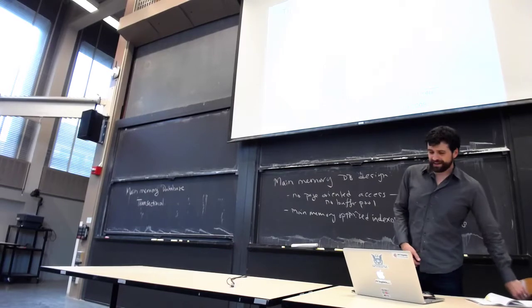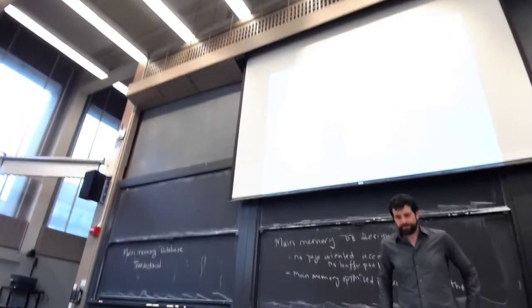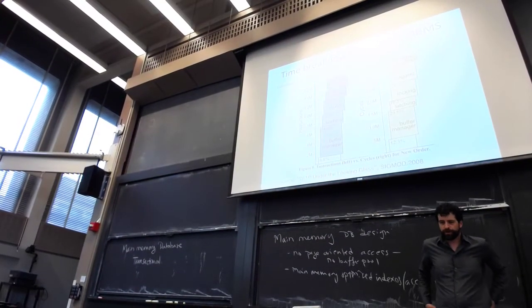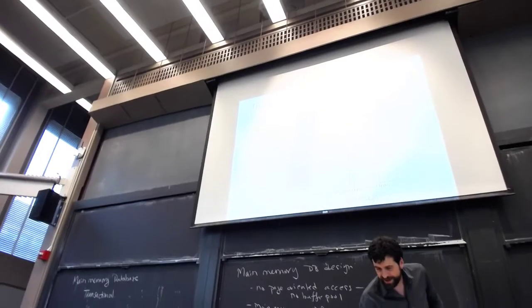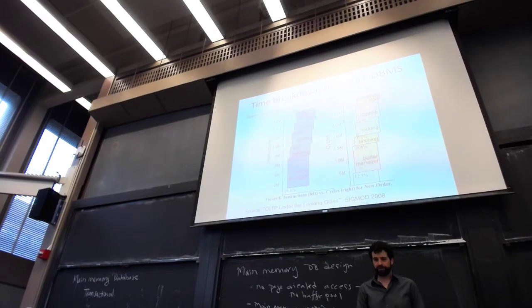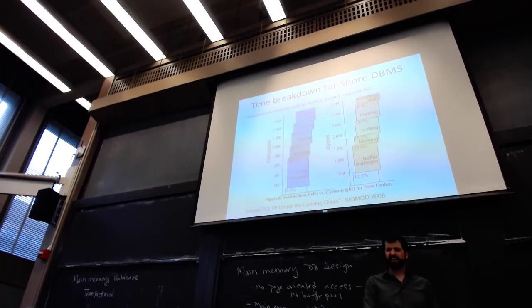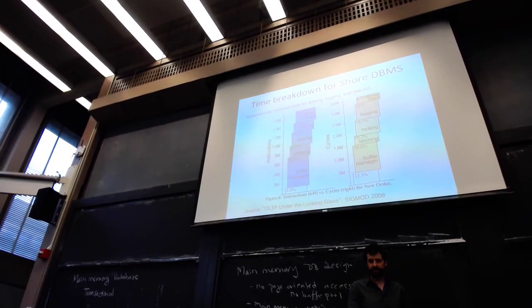This graph shows a time breakdown for a database system called Shore. For now, just focus on the left side, which is the instruction counts when processing a TPCC new order transaction. TPCC we'll talk about more in a minute, but it's a transactional benchmark. New order is you issuing an order to purchase a new product in this database.